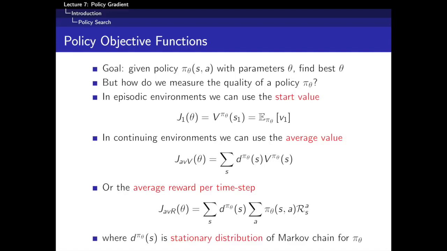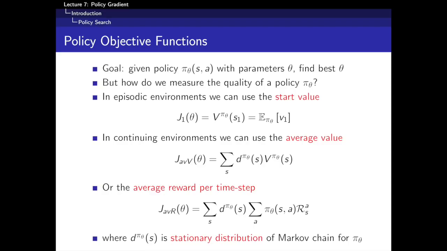Or we might consider another formulation, which is the average reward per time step, which is similar, but we might say, well, what we really care about is, let's consider some continuing environment. I'm going round and round and round, and all I care about is to make sure that per time step I'm getting the most reward. So we're not summing these rewards over time, we're just saying we're going to take the average of my immediate rewards over the entire distribution of states that I visit.